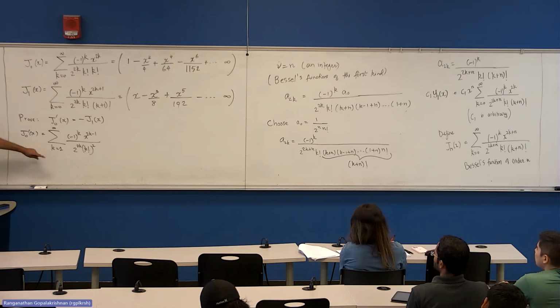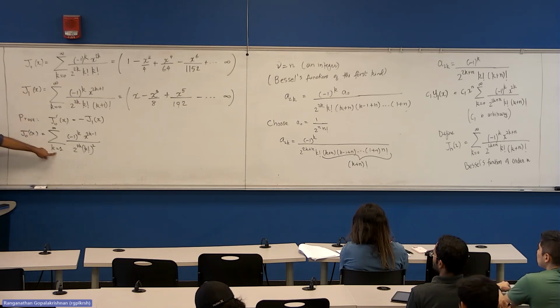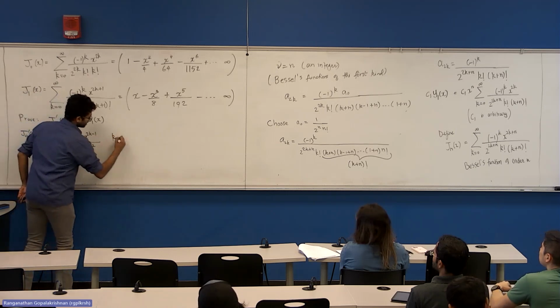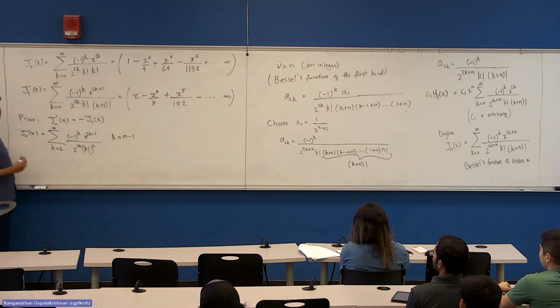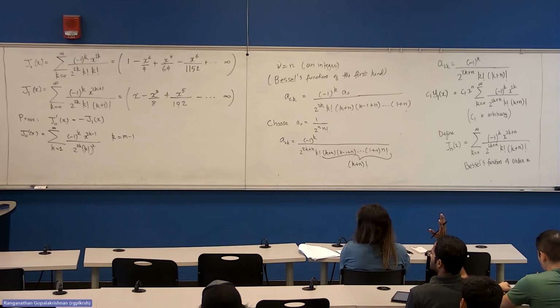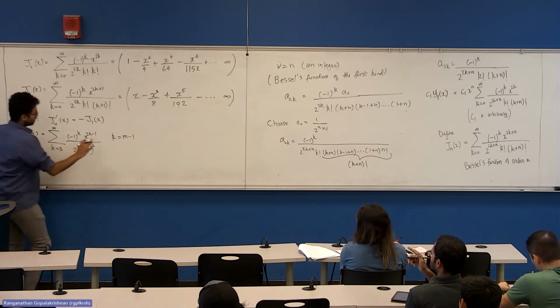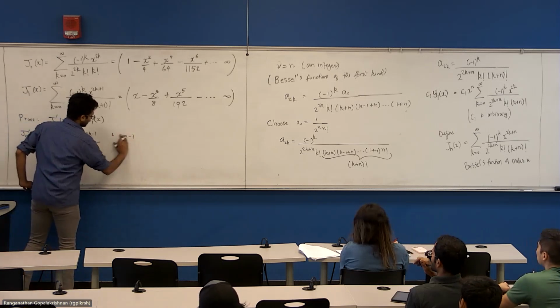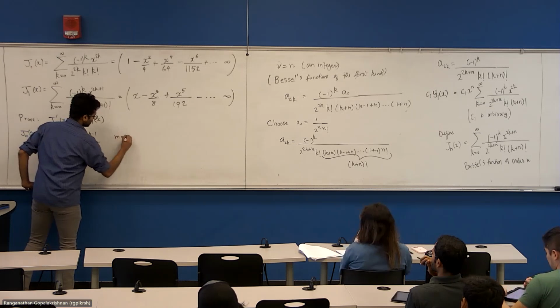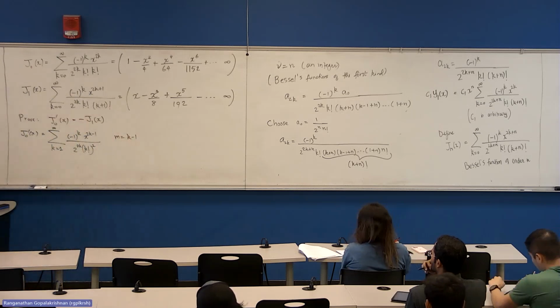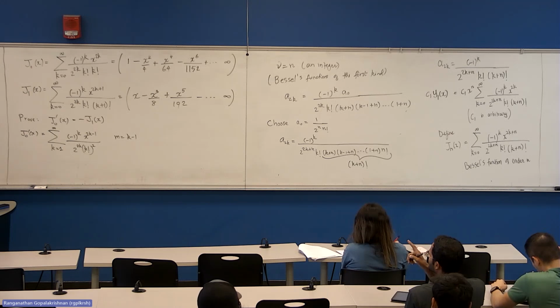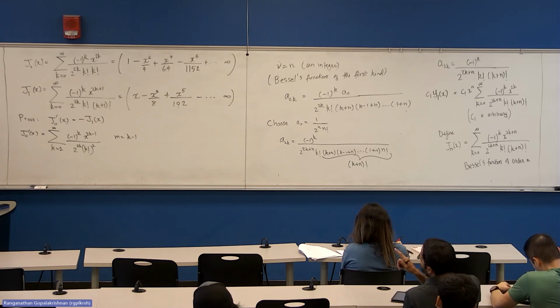So you have this. If you want to match this with J1 of x or minus J1 of x, let's shift the index by 1 unit. Wherever k appears, replace k with m minus 1. Wait, if we differentiate J naught of x with respect to x, there should be a 2k term.